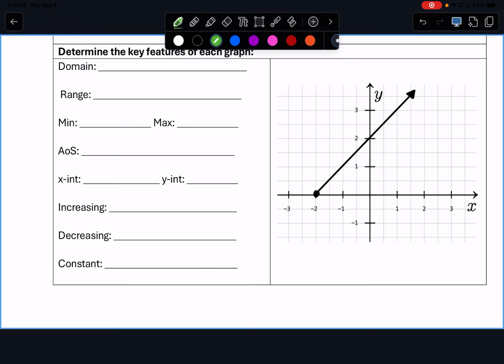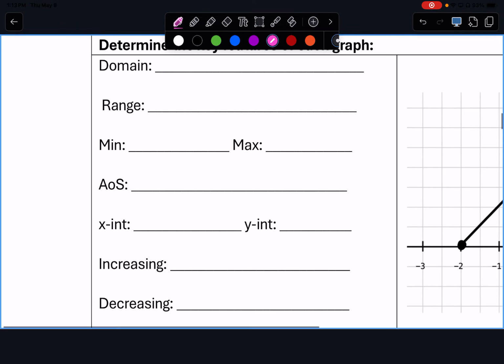When we are doing our domain, we are going to use X values, and we're going to go from left to right.